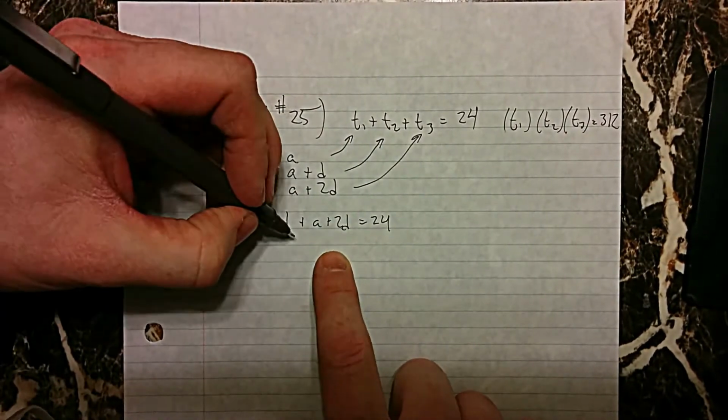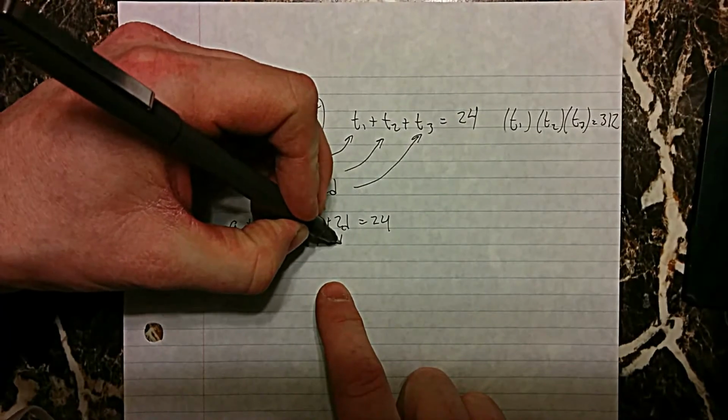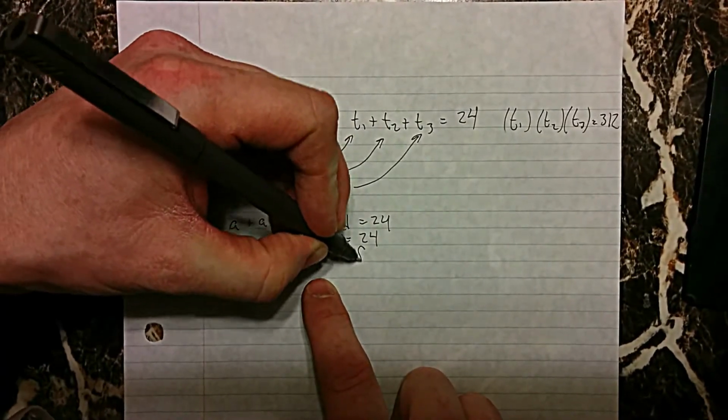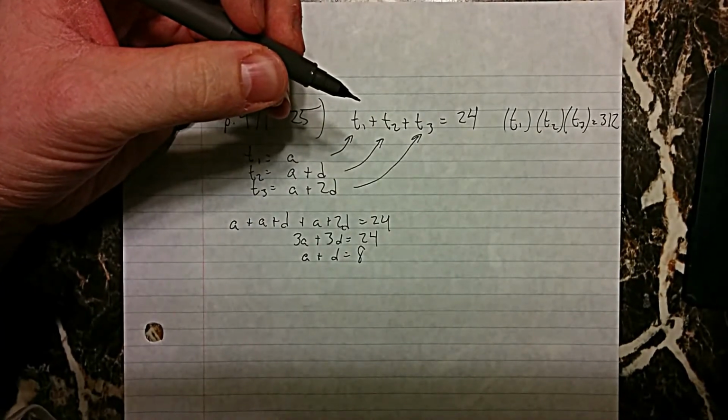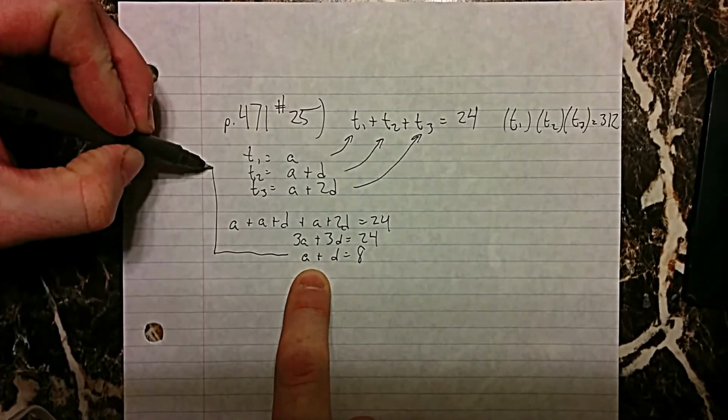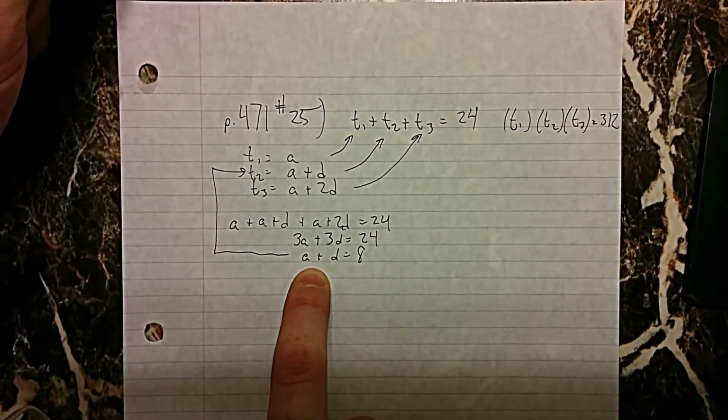When we collect up like terms, we get 3a plus 3d equals 24. That simplifies to a plus d equals 8. Now, that's interesting, because that is what we already know to be term 2.